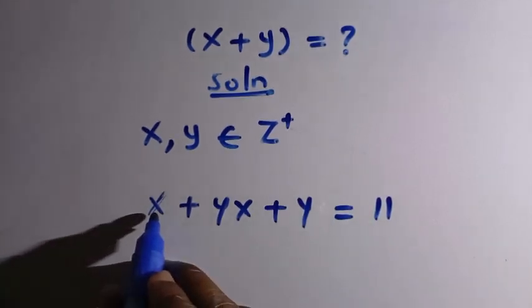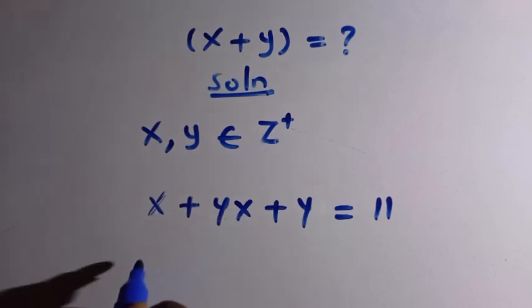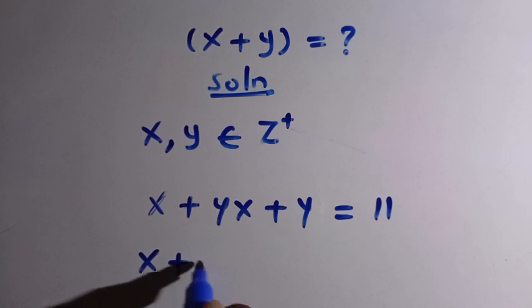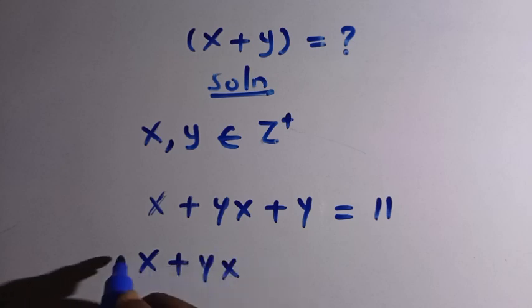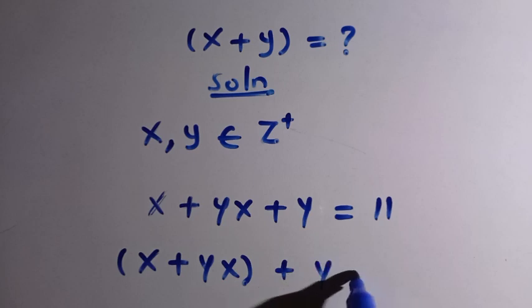Then here we have x + yx. If I combine this together, we have x + yx, we put this in bracket, plus y equals 11.